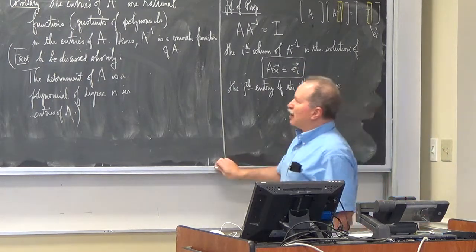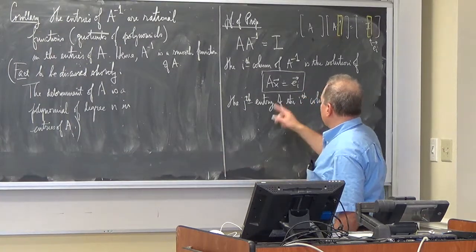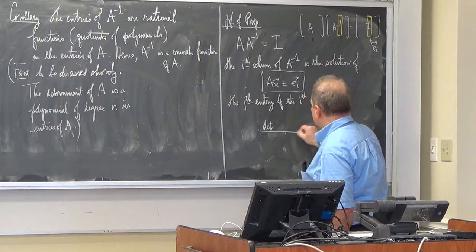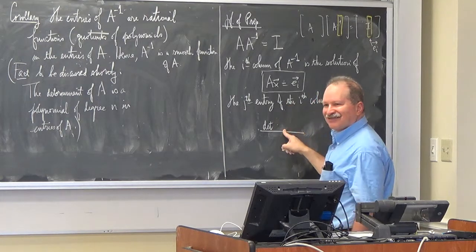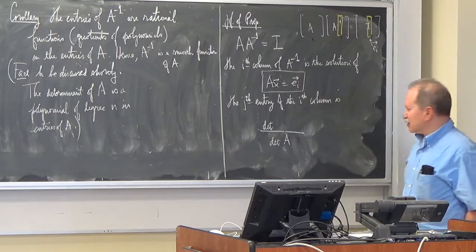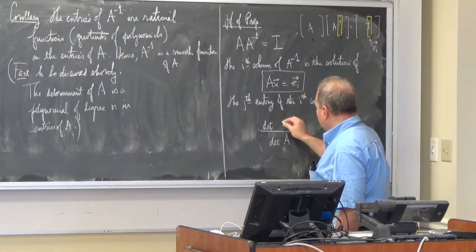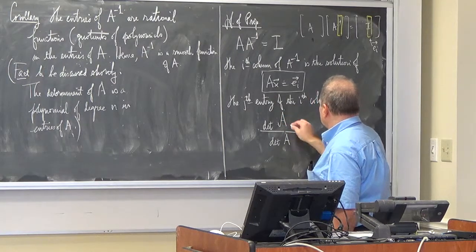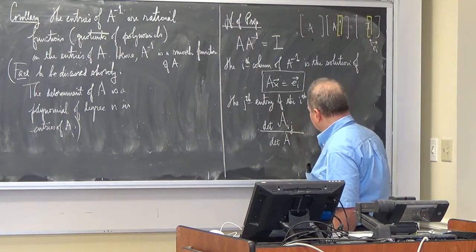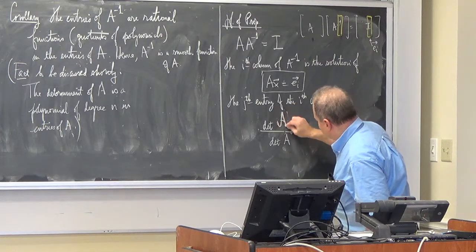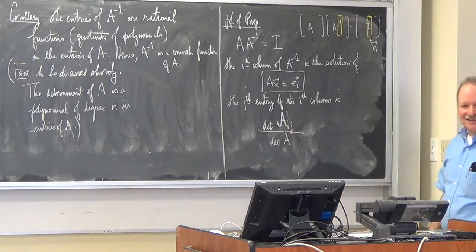So now we can use Cramer's rule. It's going to be the determinant of some matrix over the determinant of A. So I'm going to call this temporarily script A_ij. It's not our usual A.